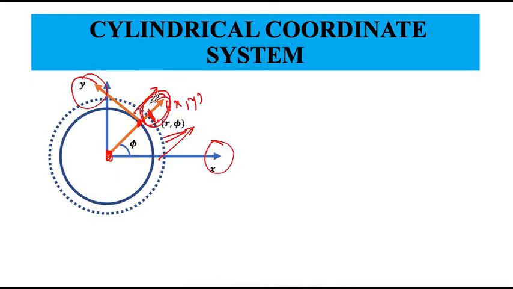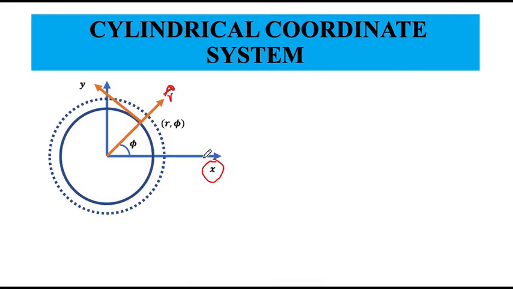So first of all, we know that the angle phi is measured with respect to x-axis. So I will just erase it once. So now we know this is unit vector r. Okay, now angle is measured with respect to x.